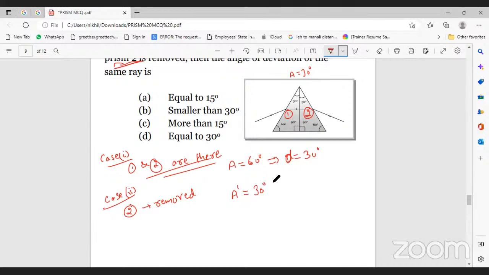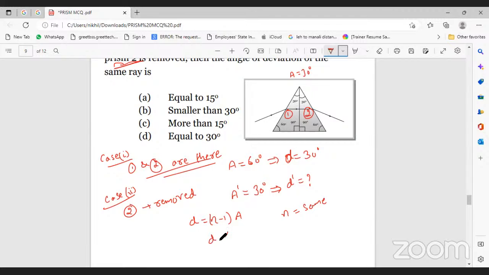For this case, what is the deviation? You know the deviation is given by the formula n minus 1 into A. For both cases, the refractive index remains the same.